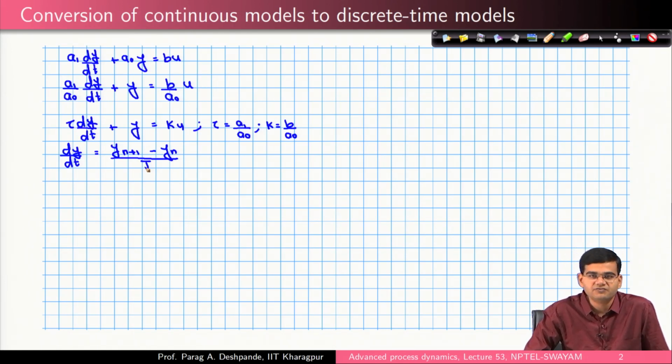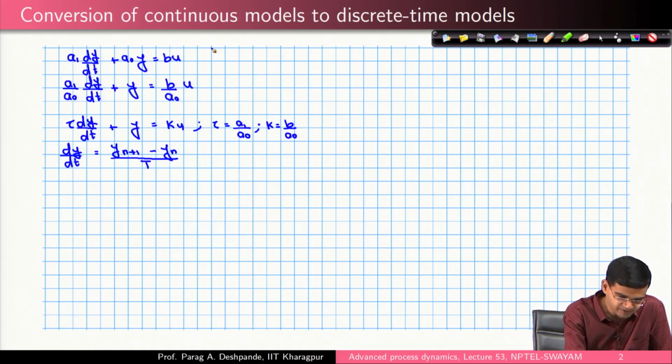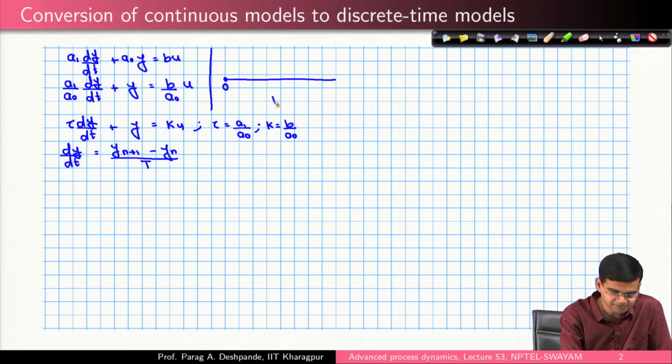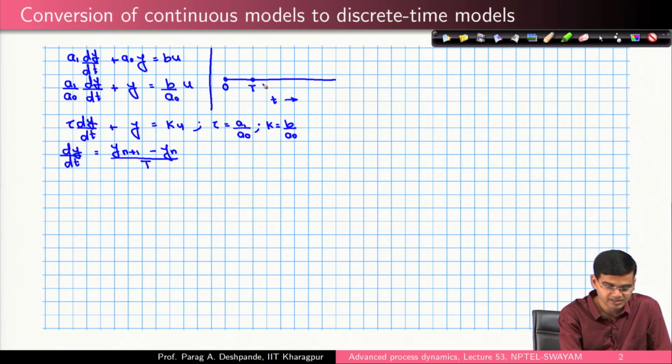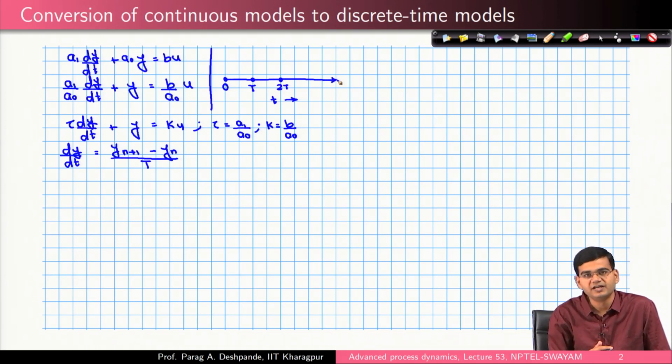We are converting time in discrete domain. So, I say that my sampling of the signal takes place in this manner, that I have 0 and this is my time. So, the next sampling would be done at capital T. So, delta t of time is capital T here. Further, I will have 2T and so on. So, therefore, division is by capital T.